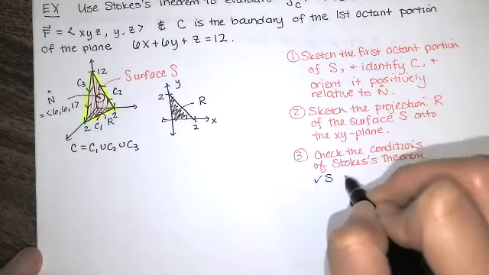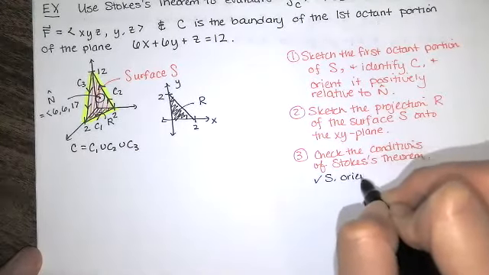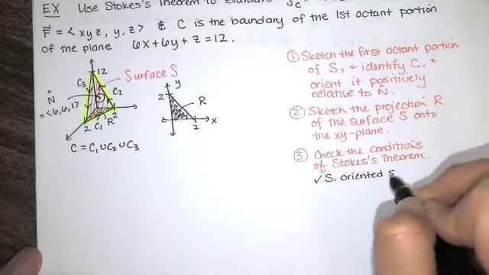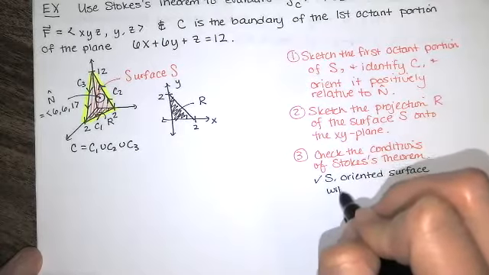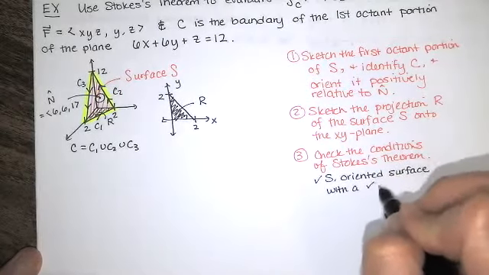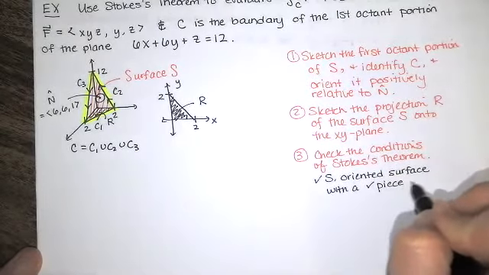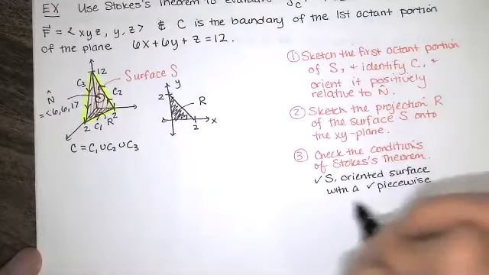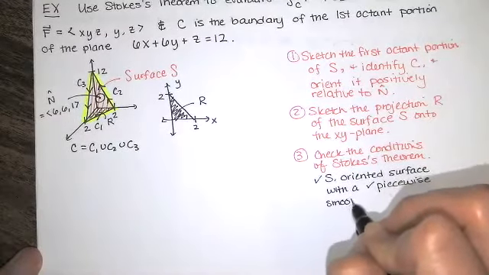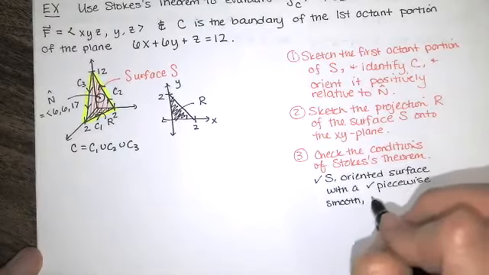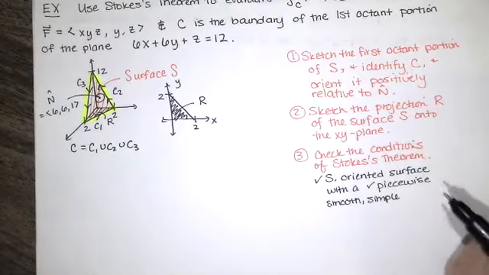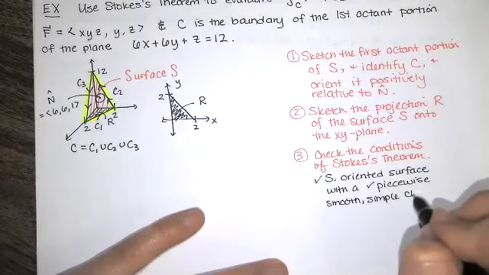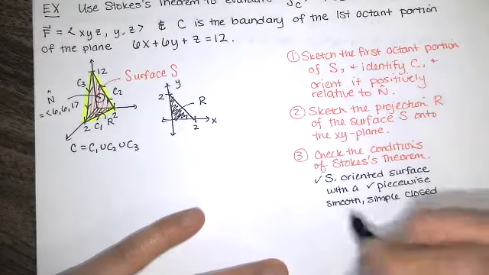We have an oriented surface S, with a piecewise smooth, simple, closed curve as its boundary.